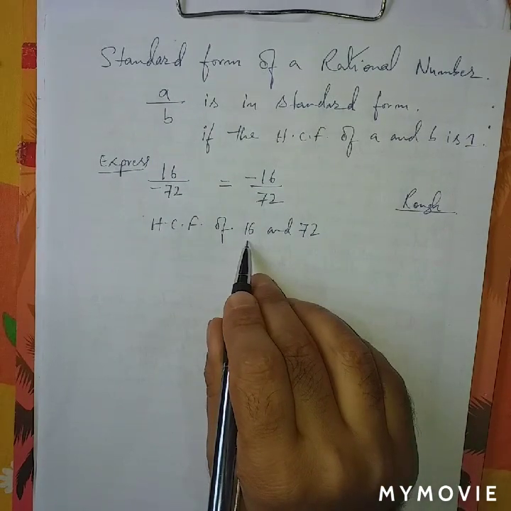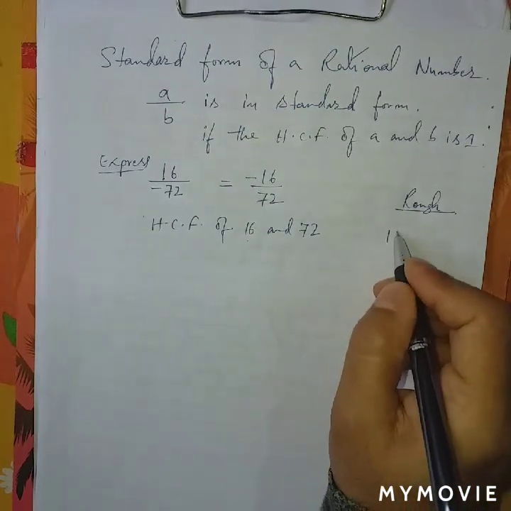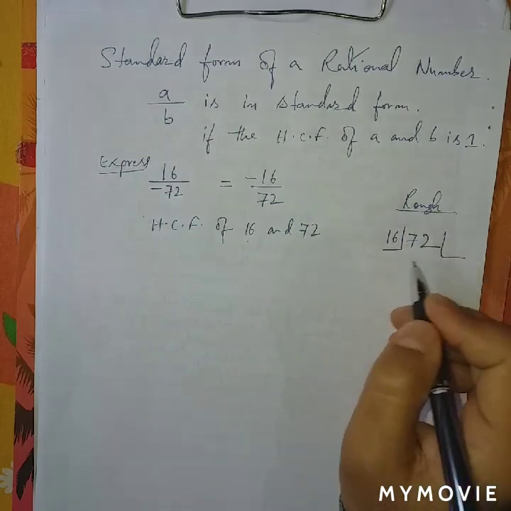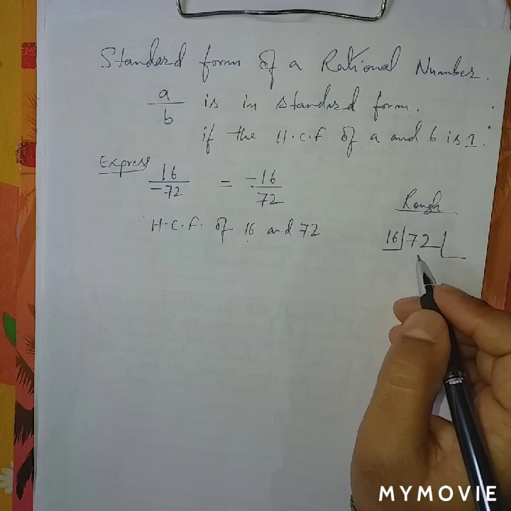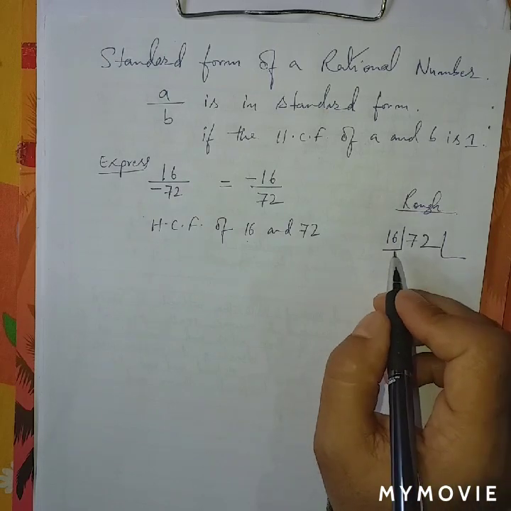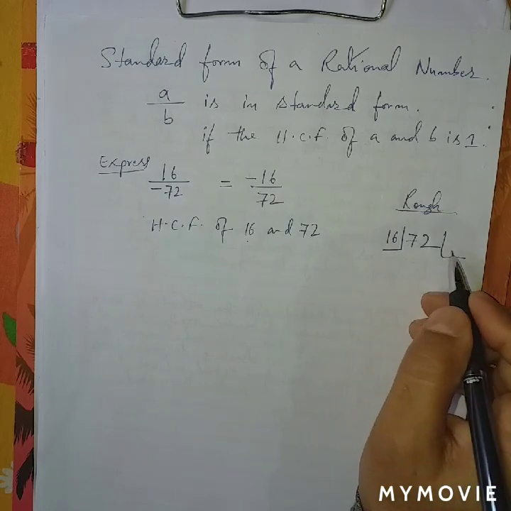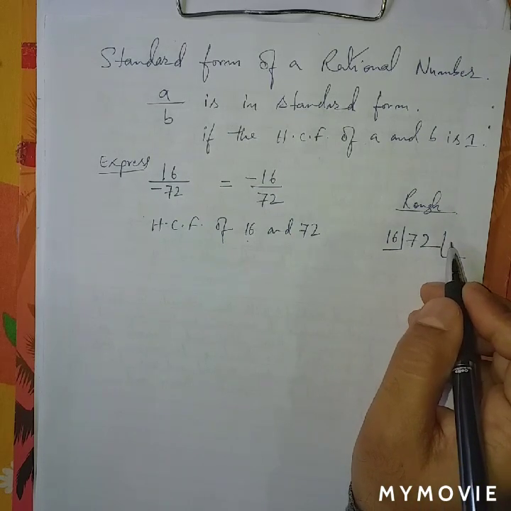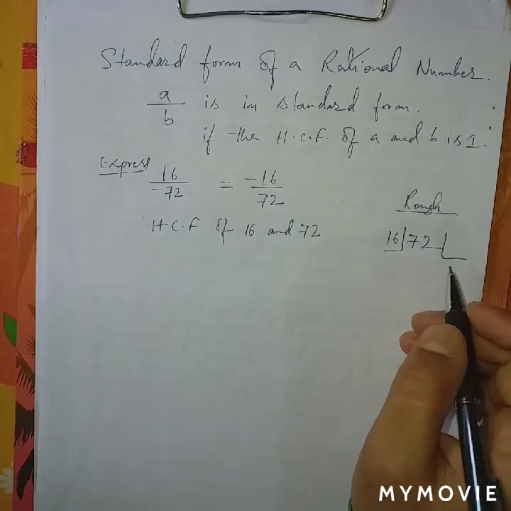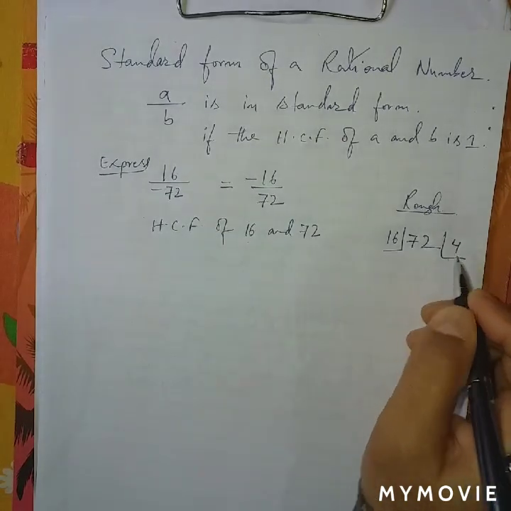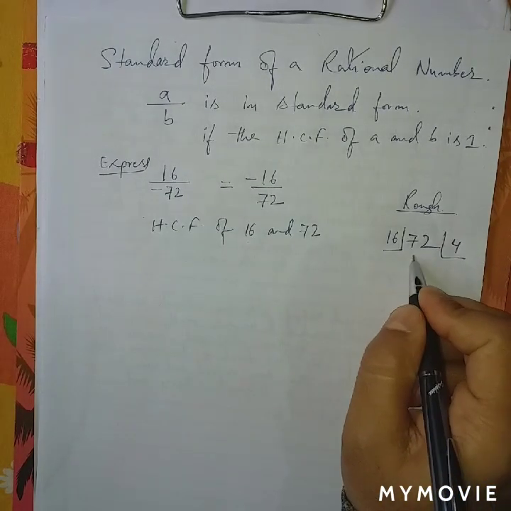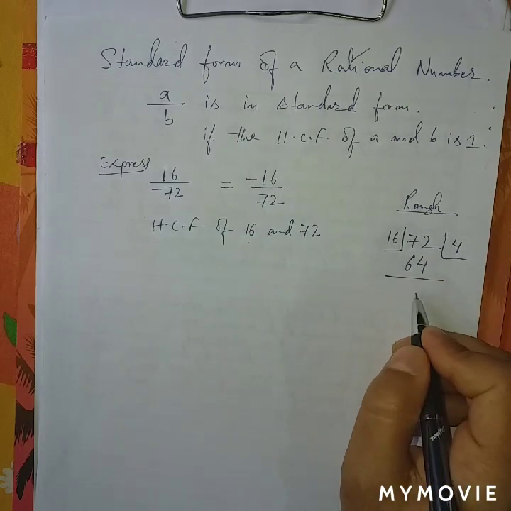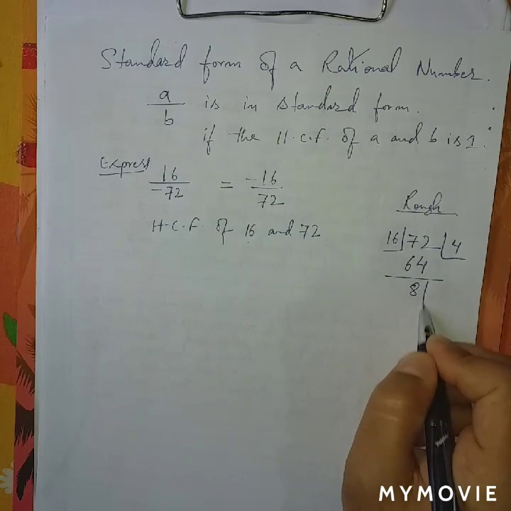In 16 and 72, 16 is the smallest, so we'll divide by the smaller. 16, how many times does it go? 4 times it goes, 64, and remainder we are getting here 8.